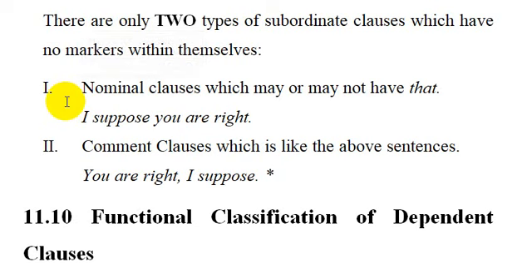The subordinate clauses have only two types which have no markers. So the entire types of subordinate clauses must have indicators or markers. However, they accept these two types. What are they? The nominal clauses and the command clauses.